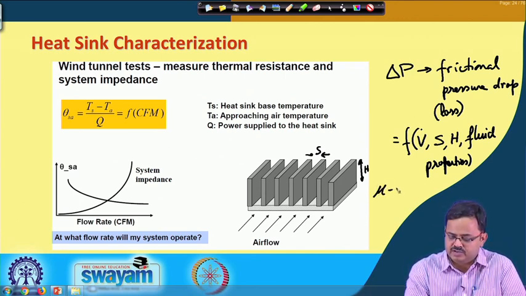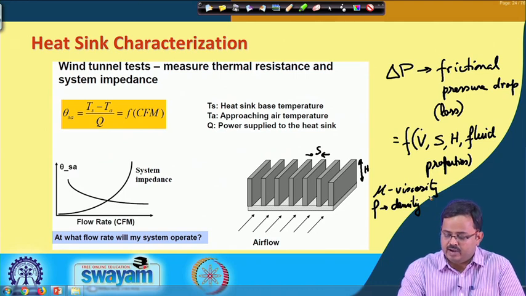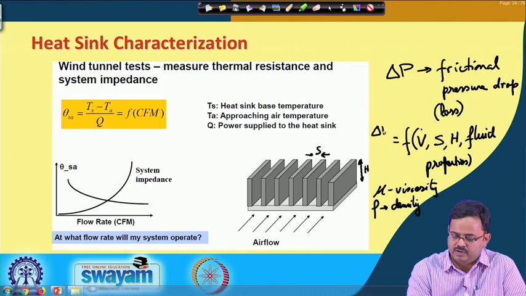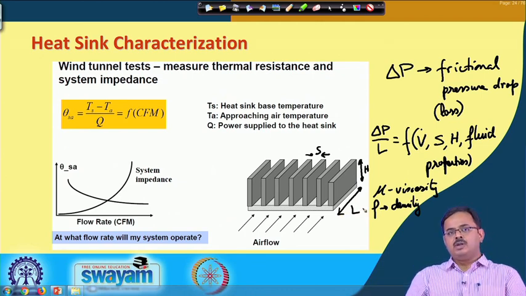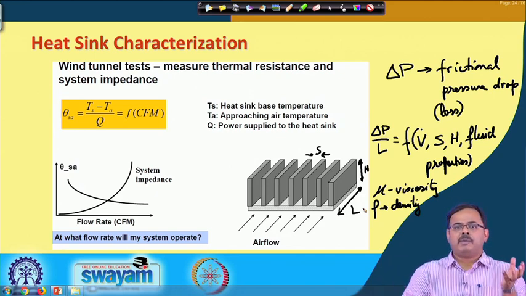Namely mu, which is viscosity, rho, which is density, and one more thing: delta P over L, the pressure gradient, if this is L, is going to depend on all of these. So, the pressure drop is also going to depend on L. Think about flow through a pipe.